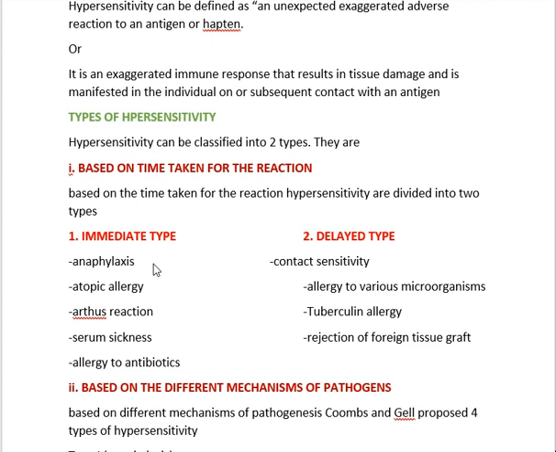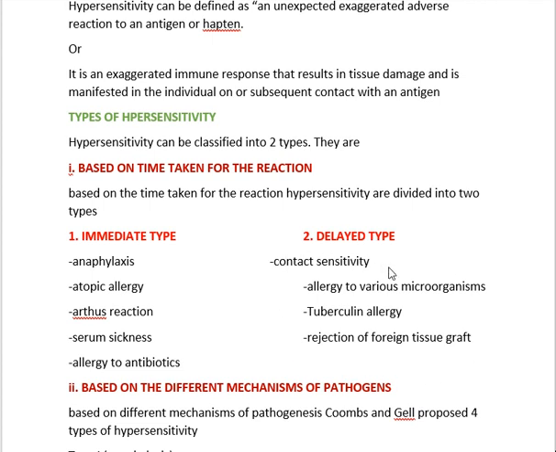The name itself indicates that if you have the reaction immediately after the entry of the pathogen, then we call it immediate type. And these are all the different types of immediate type hypersensitivity. Then coming to the delayed type, where the reaction takes place after more than 48 hours, we call it delayed type. Examples are contact sensitivity, allergy to various microorganisms, tuberculin allergy, and rejection of foreign tissue graft.